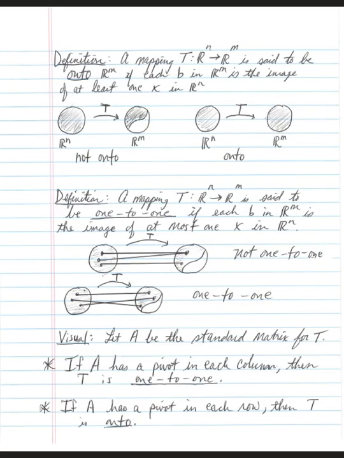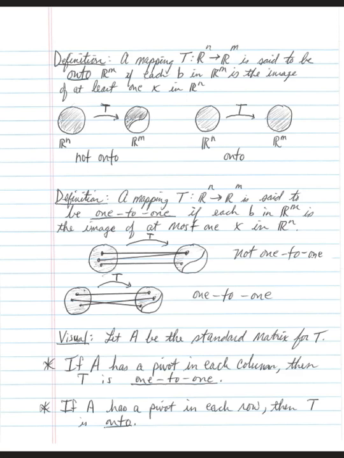A mapping is said to be onto if each b in the codomain is the image of at least one x in Rn. Alright, so notice for the transformation, Rn is the domain, Rm is the codomain.